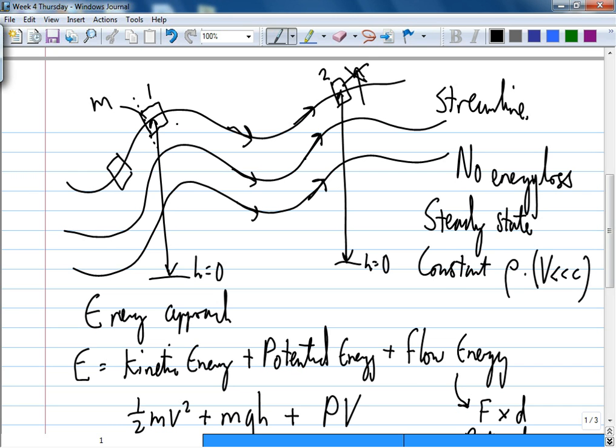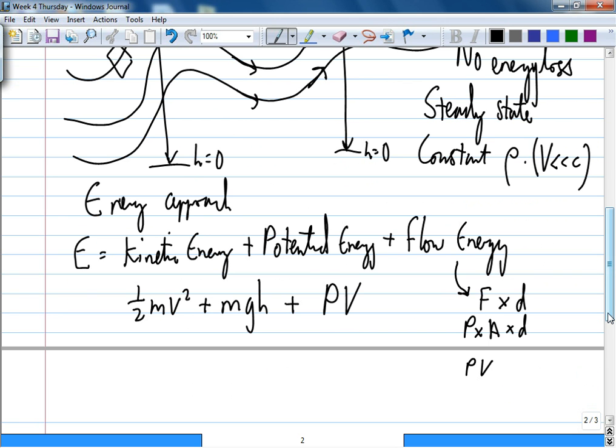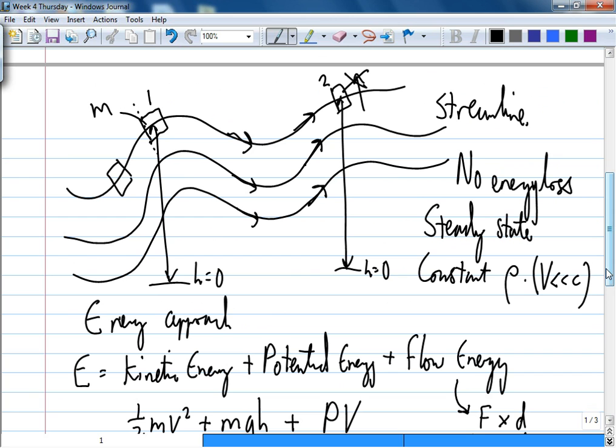That's where the energy comes from. You want to talk about other energy flow, you talk to your Qigong master. So, if no energy loss, steady state, energy at 1 equals energy at 2, isn't it?